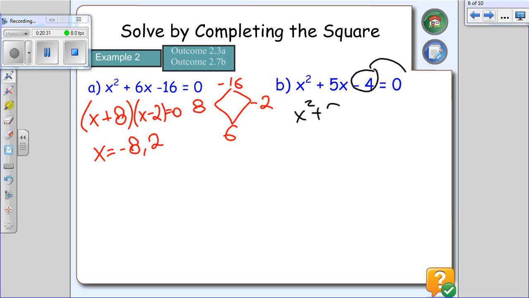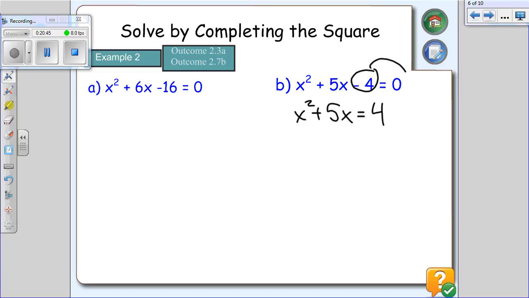The second step is the weird one. The second step is take your b value. I would suggest paying attention. You're going to take your b value, which is 5, divide it by 2, and square it.